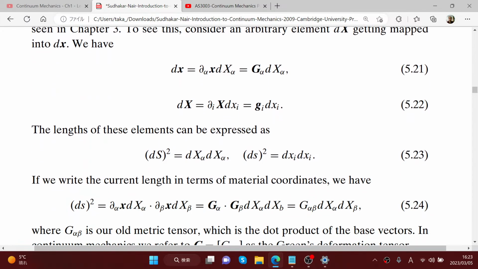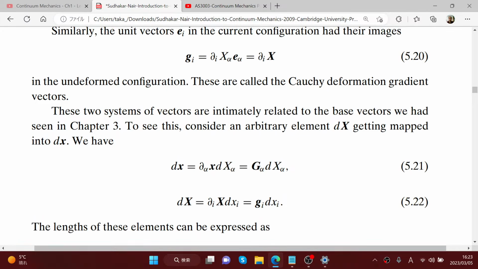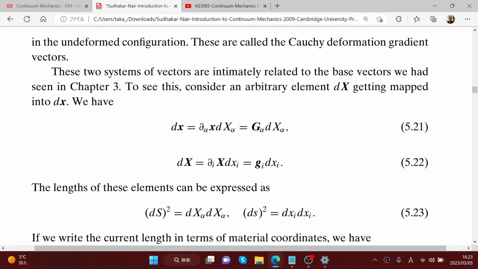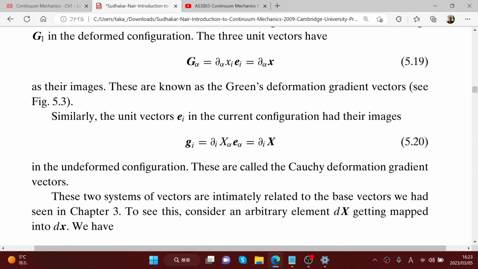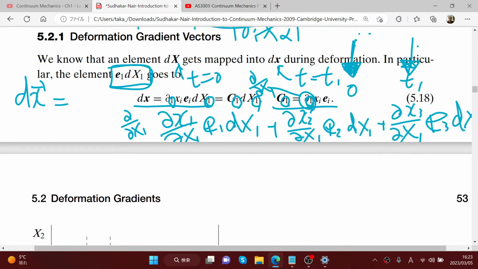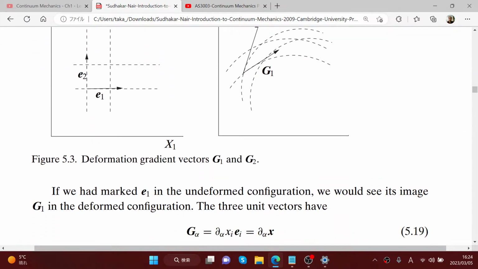We have dx equals partial x over partial X alpha dX alpha, which is G alpha dX alpha. I think it's okay.